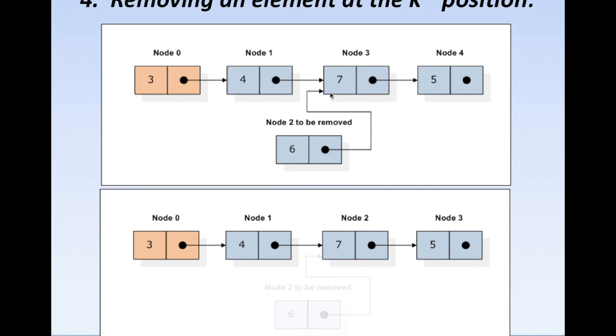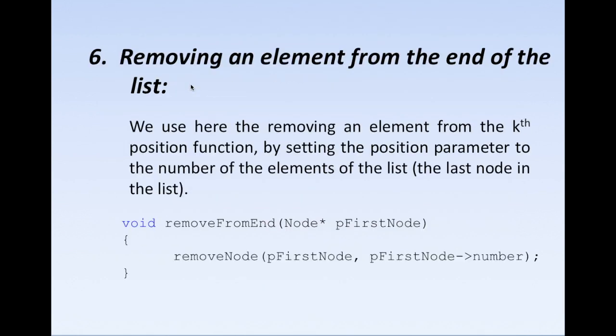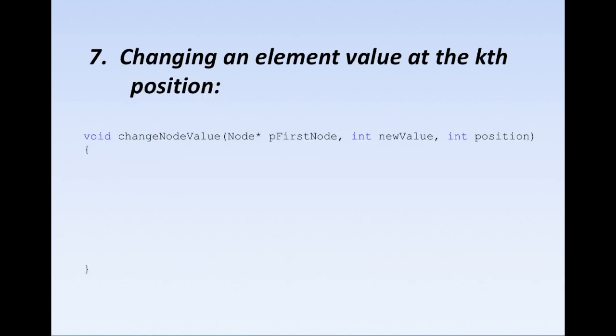We have 4 nodes, so when we remove from the last node, we put p first node dot number, which gives me 4, the position of the last element in the linked list.